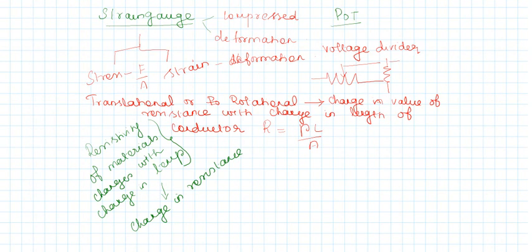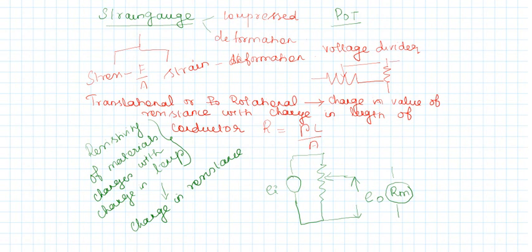Let me show you the diagram. This is your input voltage Ei, and here this is your wiper, and the sliding contact we have. Across this part I am going to calculate the output voltage, E0. Suppose I want to measure the value, then I can connect a meter across this portion.